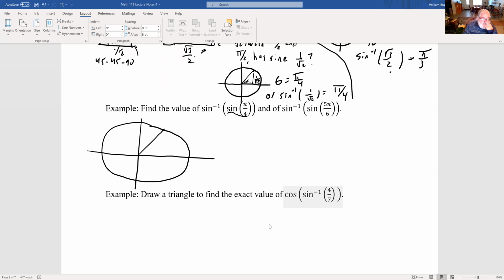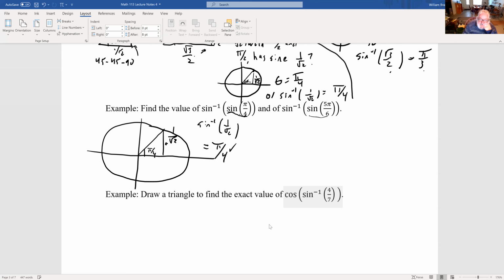So we know pi over 4 is here, 1 over root 2 is this side length. So sine of pi over 4 is 1 over root 2. And we know what angle that is, it's pi over 4, right? So what angle has the same sine that pi over 4 does? The answer is pi over 4, easy enough.